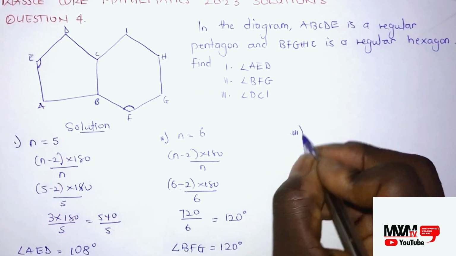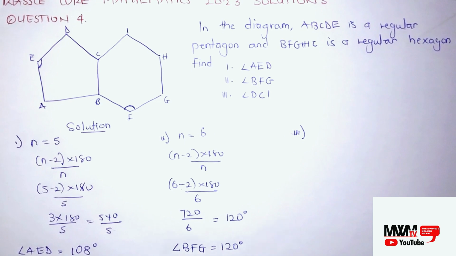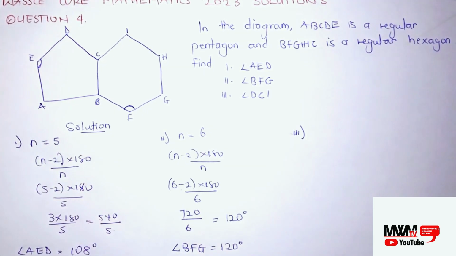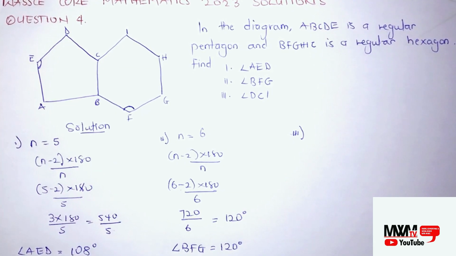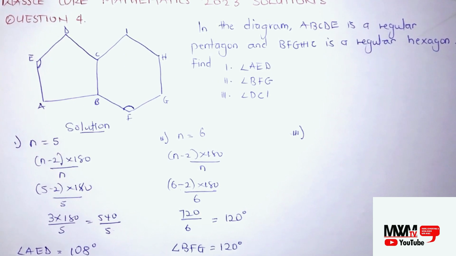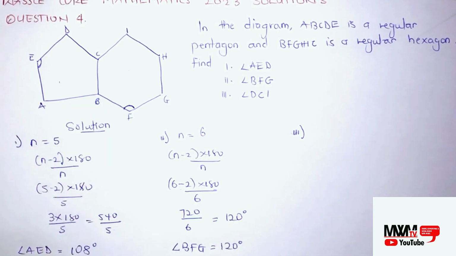Now III, we are asked to find angle DCI. Now realize that DCI is an exterior angle between the pentagon and the hexagon.